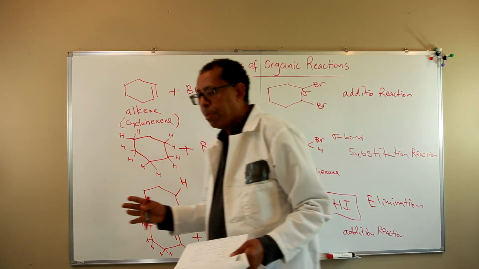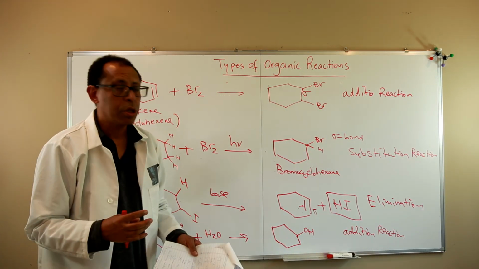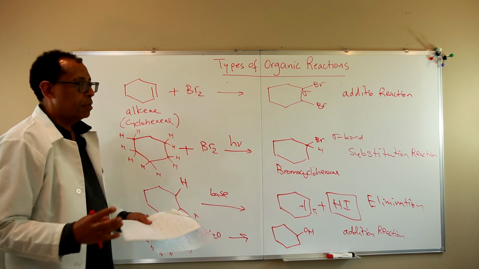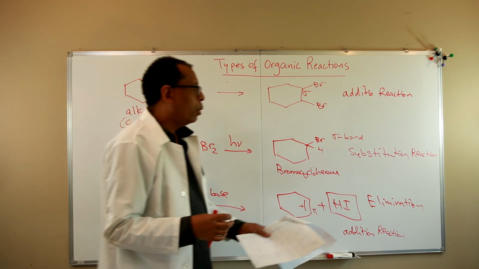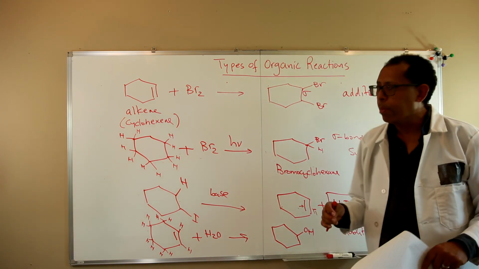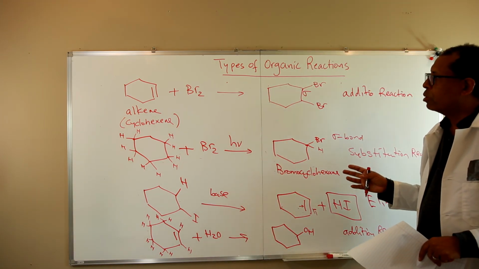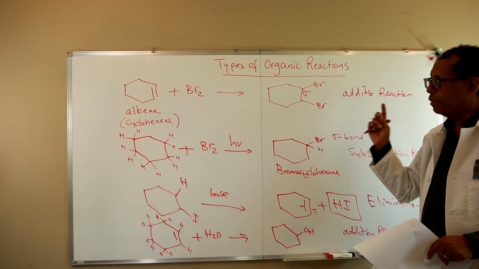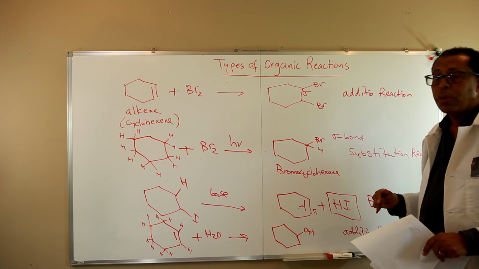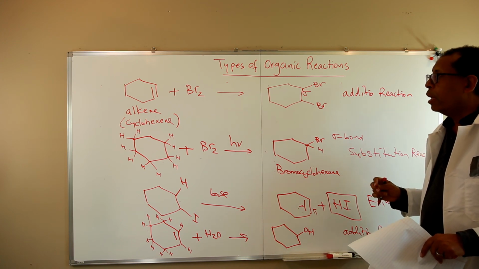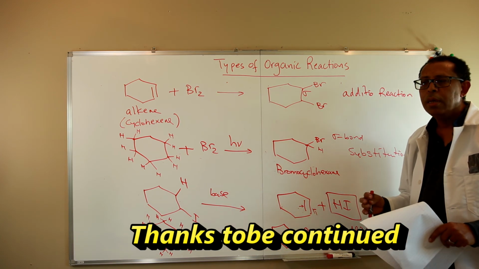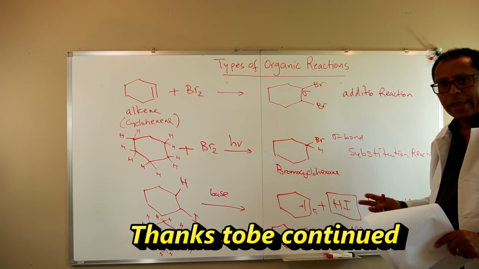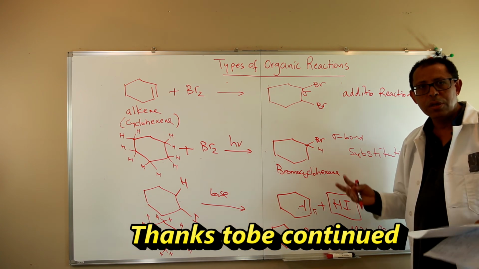This is just a broad overview or introduction to many different reactions that we will be doing in the future. Next time I will present to you some exercises involving what we have covered in this video, and also continue over energy diagrams, transition states and reaction intermediates.